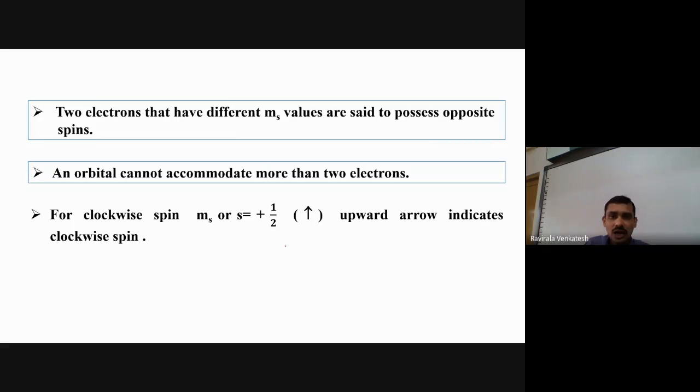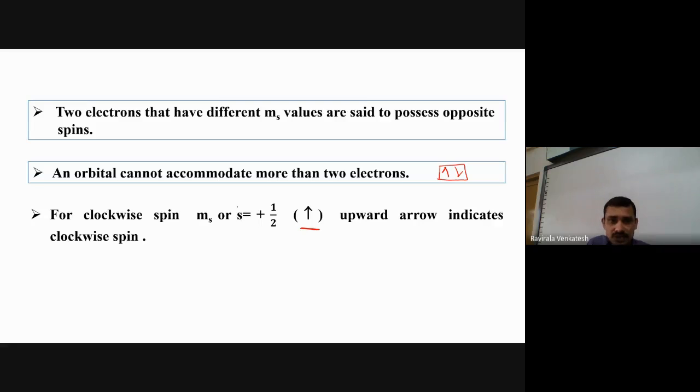In each orbital, I already told you, we can place only two electrons. One is in the upward direction, the other is in the downward direction. One will be upward, the other downward. That means ms is plus half for clockwise spin, upward direction.